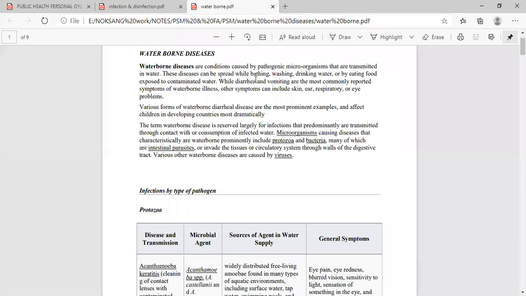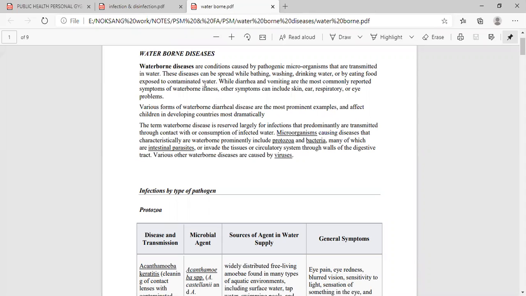Most microorganisms stay in water because the larva is present in the water, so it should always be clean. Also while washing clothes. Drinking water should always be purified; you should always drink clean drinking water. Or by eating food exposed to contaminated water, especially your junk foods.